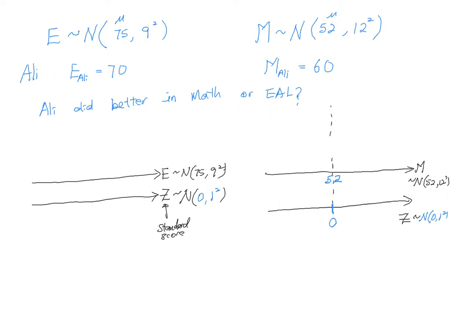Okay, so for EAL, the mean is 75. So if you get 75, your standard score will be 0. Clear? If your score for maths is 64, your standard score will be 1.